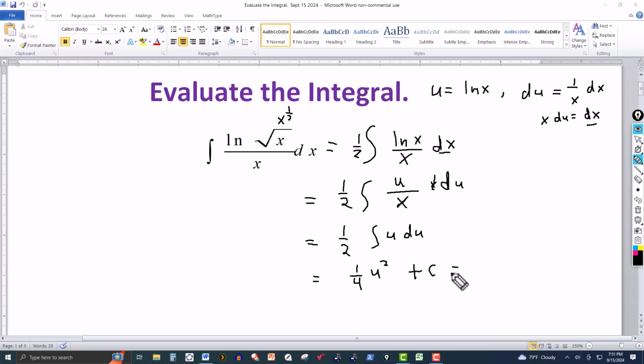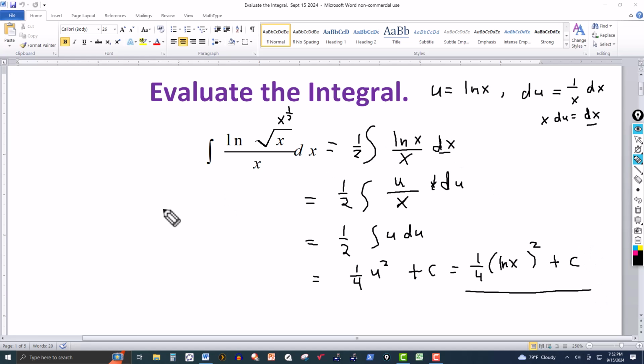And remember, when you do u-substitutions, you always go back to the original variable. So this will be 1/4, and the u, remember, is ln of x. So this will be 1/4 times ln of x, quantity squared, plus the constant of integration. This is your final answer.